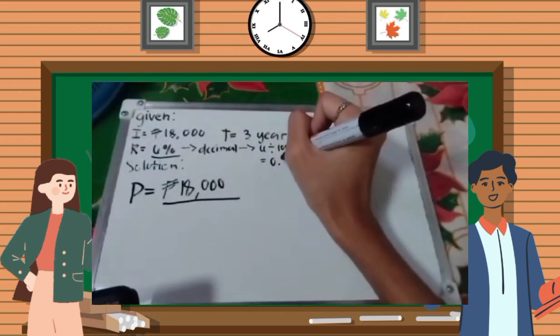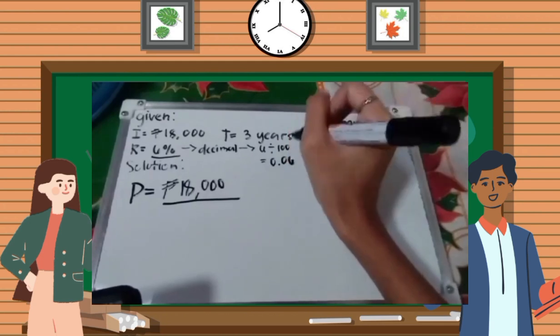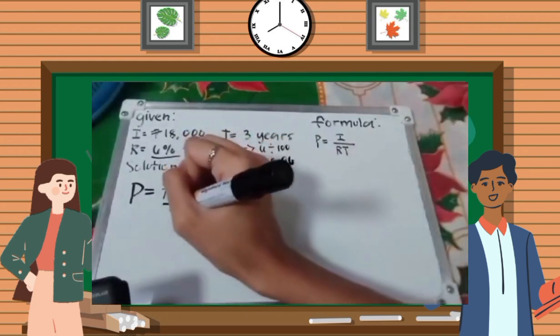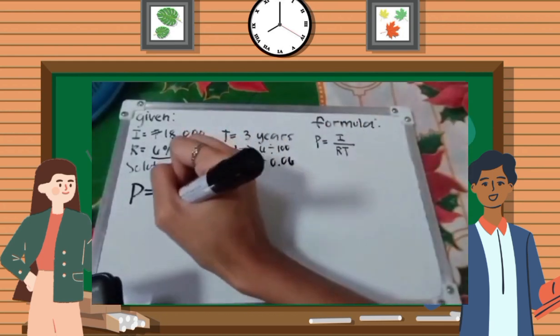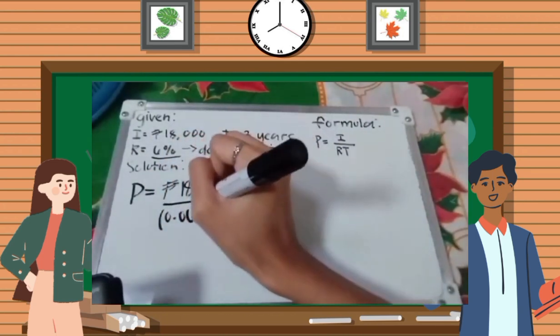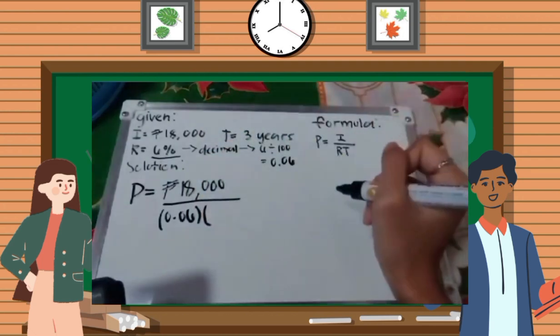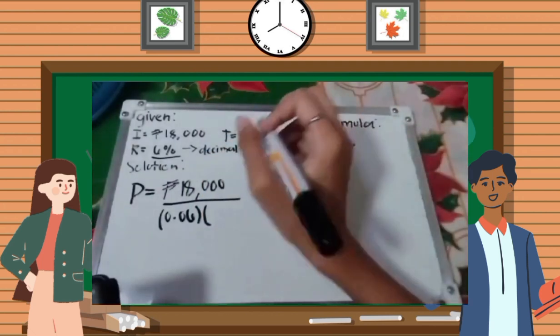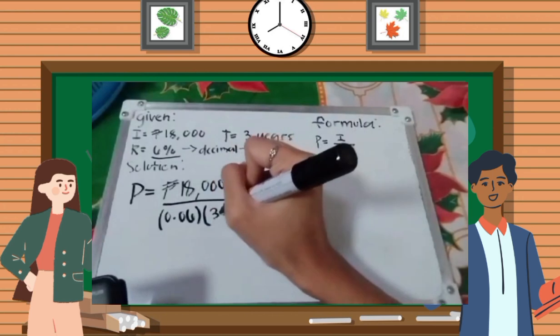So the answer is 0.06. P is equal to 18,000 over 0.06 times 3 years.